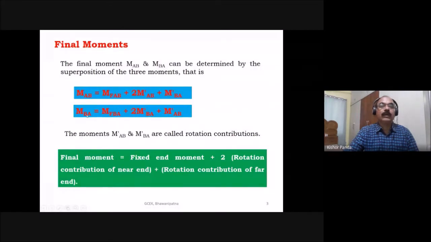Similarly, MBA is equal to MFBA plus twice M dash BA plus M dash AB. The moments M dash AB and M dash BA are called the rotation contributions, or the rotation moments. The final moment is equal to the fixed end moment plus twice the rotation contribution of the near end plus the rotation contribution of the far end. So using this formula, you can find out the final moment.